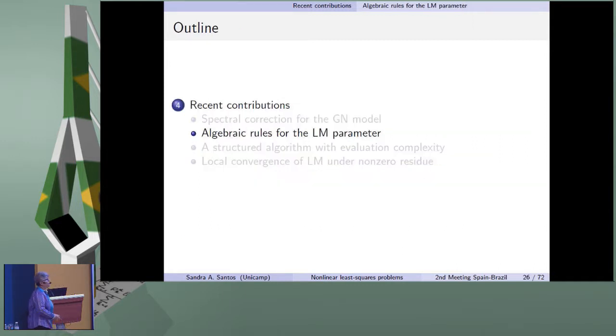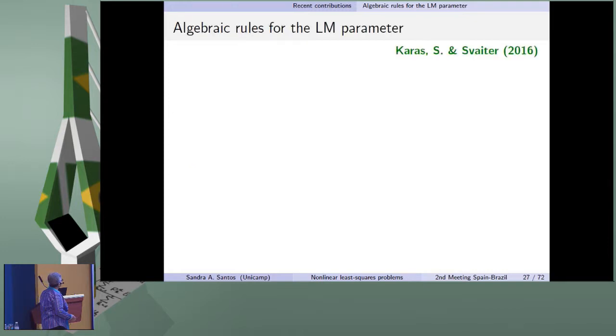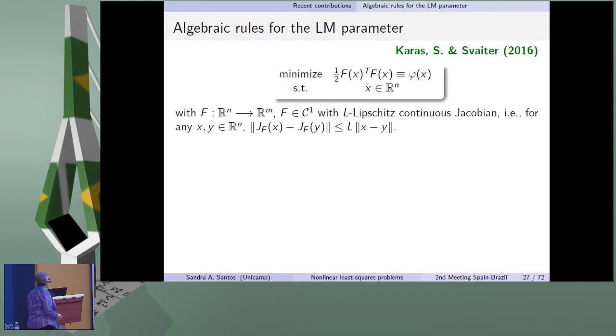Okay, so the second contribution was developed together with Elisabeth Caras and Benares Weiter. Here we are addressing the Levenberg-Marquardt parameter, and we have algebraic rules for building it. So we are assuming that our residual function is of class C1, and we have a Lipschitz continuous Jacobian.